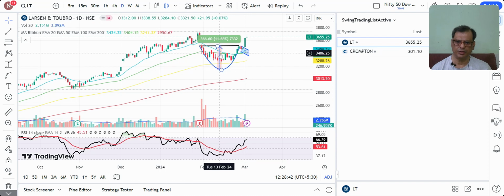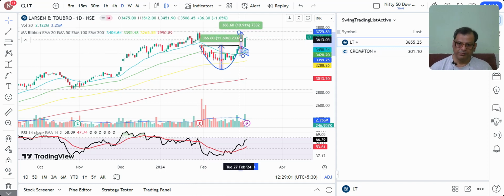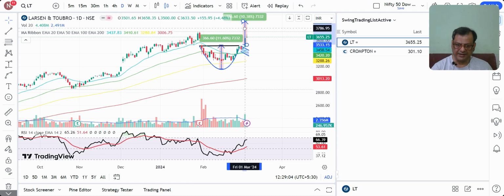So basically, what you see here is an 11.65% move. I've taken it from the center of the bottom, and it shows 11.6%. So this is going to be your take profit from the breakout of the handle.